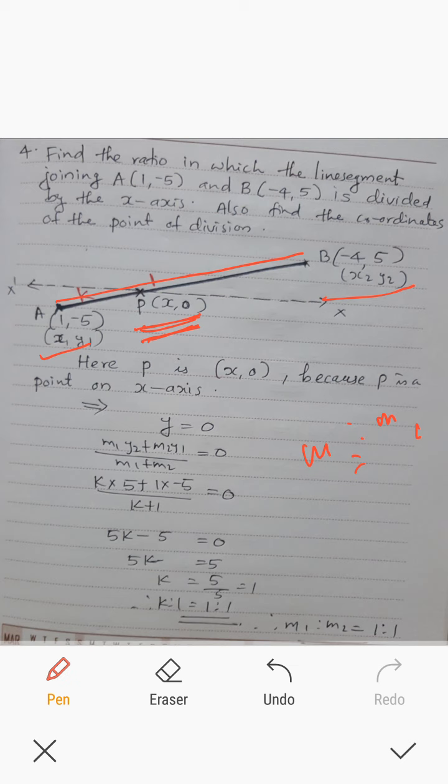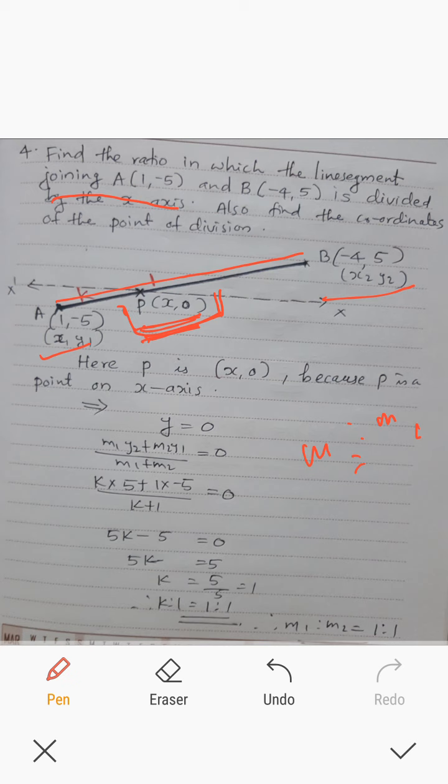x-axis. In the previous problem, we were told it was divided by a point P and its coordinates were given. Here it is mentioned divided by the x-axis. That's very important. What about a point on the x-axis? In the beginning of the chapter, we already said all the points on the x-axis are of the form (x, 0).